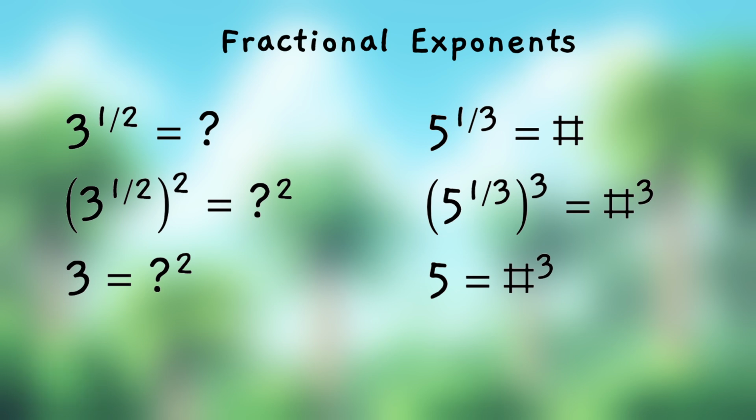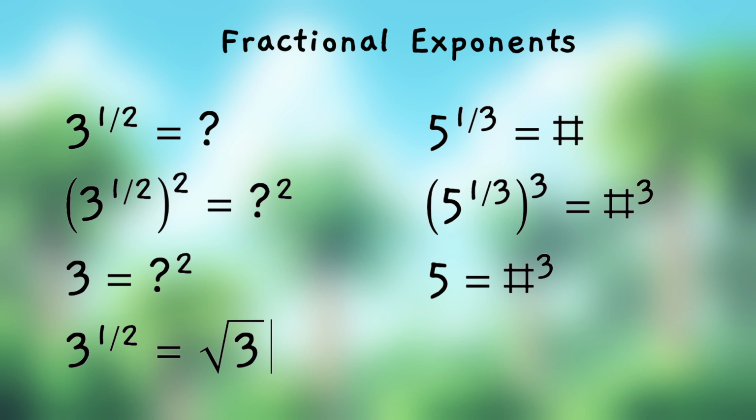So 3 to the 1/2 power is some number. And the way you write this, or an alternative way to write this, you don't have to write it this way, is this. So this on the right-hand side is a radical. This funky symbol here is called the radical symbol. So all this means is this is some number when squared that gives you 3.